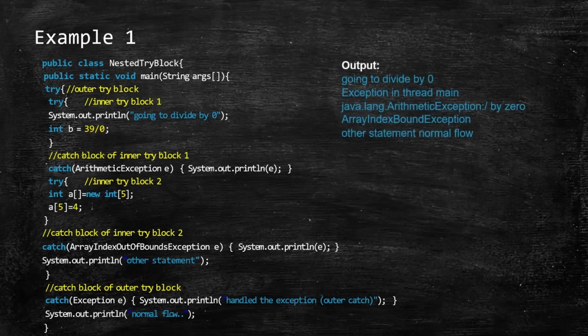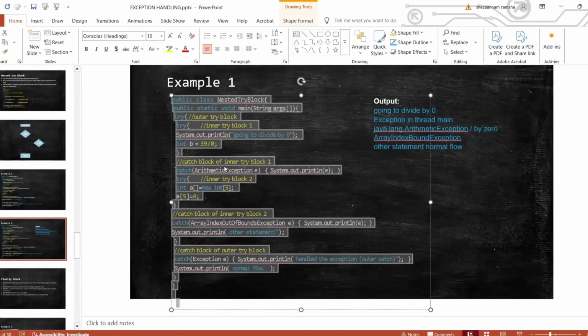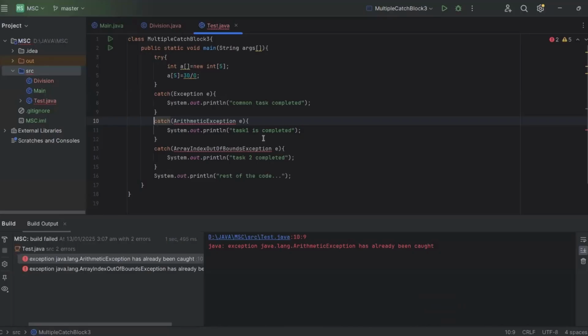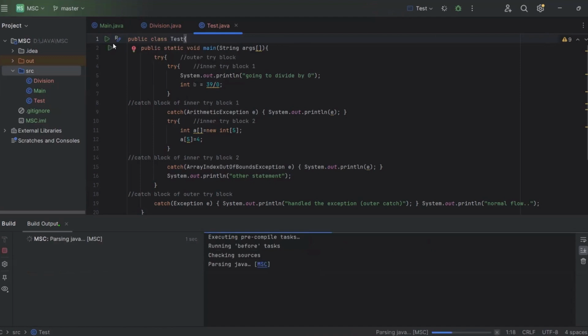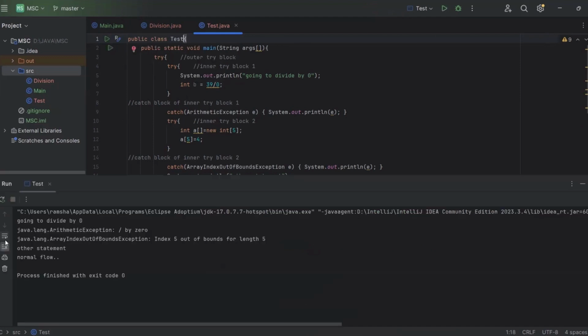Let's see what the output will be. So this is going to be the output. Let us check it in our JVM. Yes, so all the exceptions are handled because no exception was thrown by the JVM. You can see first it showed that we are going to divide by 0.